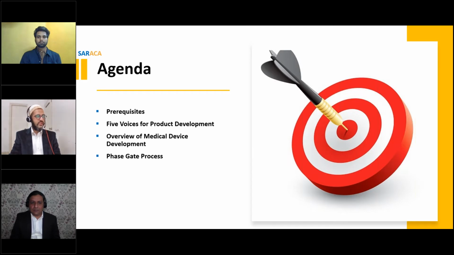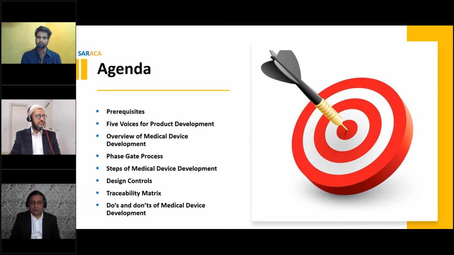Then a quick look at the steps of medical device development, and a quick look at design controls. Then we'll talk about traceability metrics. Then some do's and don'ts of medical device development, again a generic one. And last but not least, roles and responsibilities in your design and development process.